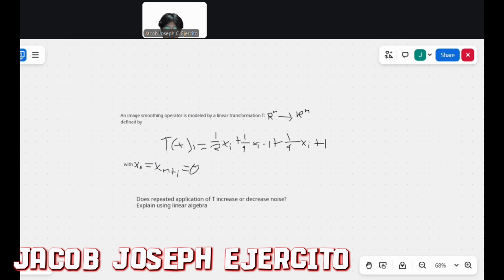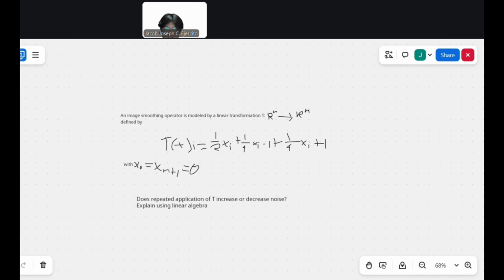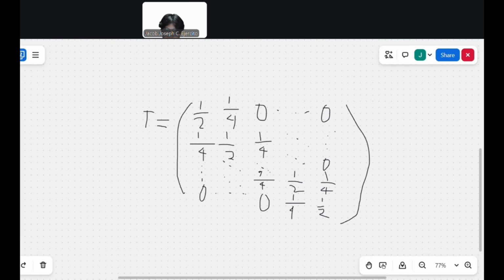An image smoothing operator is modeled by a linear transformation T from Rn to Rn defined by Tx at i equals 1/2 xi plus 1/4 x(i minus 1) plus 1/4 x(i plus 1), with x0 equals x(n plus 1) equal to 0. Does repeated application of T increase or decrease noise? Explain using linear algebra. The operator T from Rn to Rn can be written as a matrix containing 1/2, 1/4, and zeros.